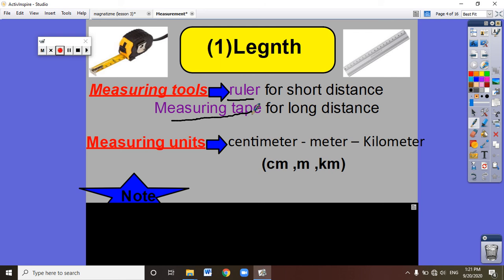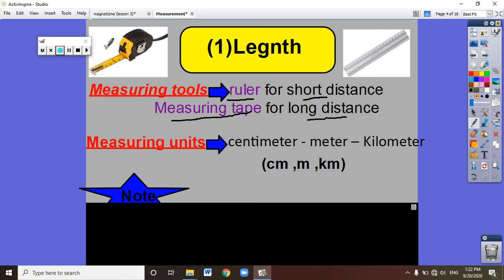We use the ruler to measure short distances or short objects. We use the tape to measure long distances or long objects. I have a door and I want to measure its length.